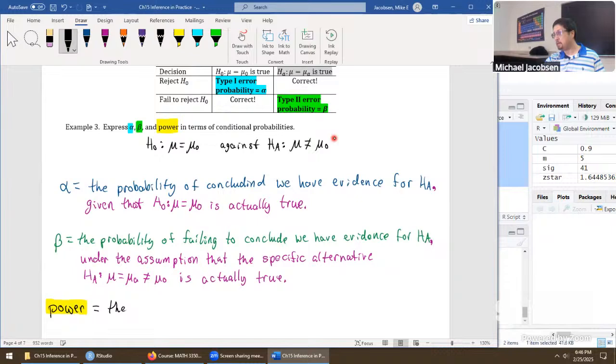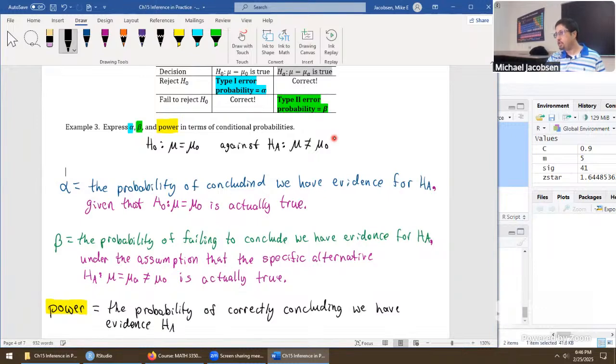It's the probability of correctly concluding we have evidence HA, mu not equal to mu naught, is true.